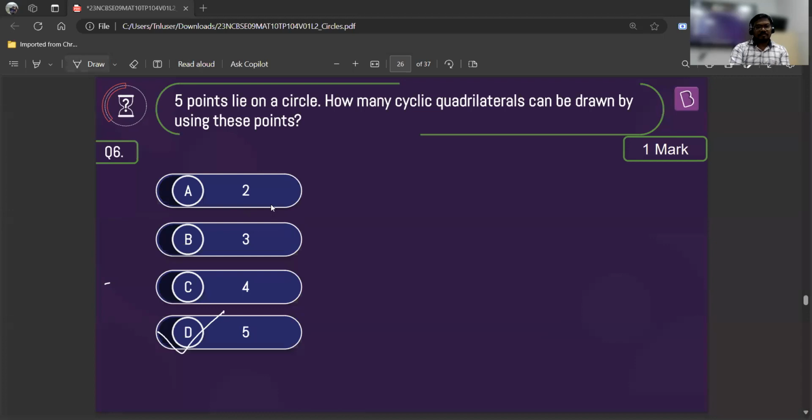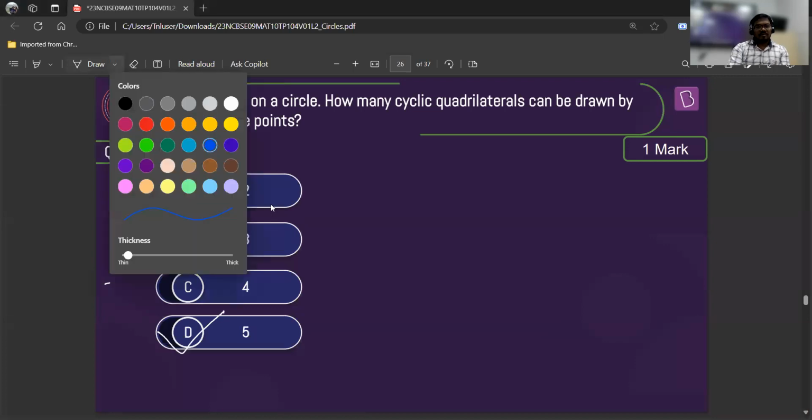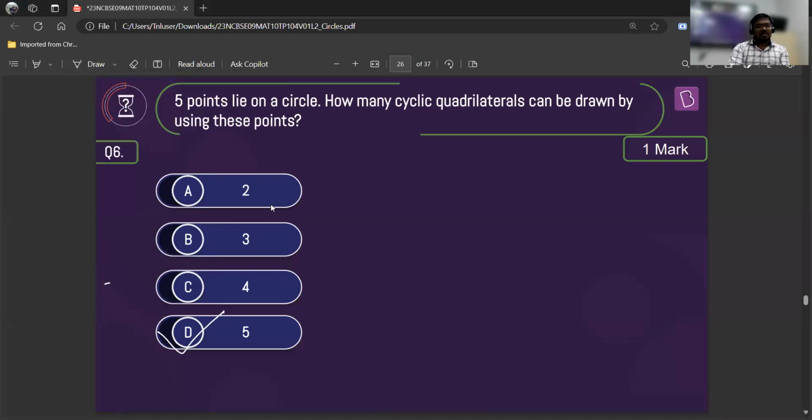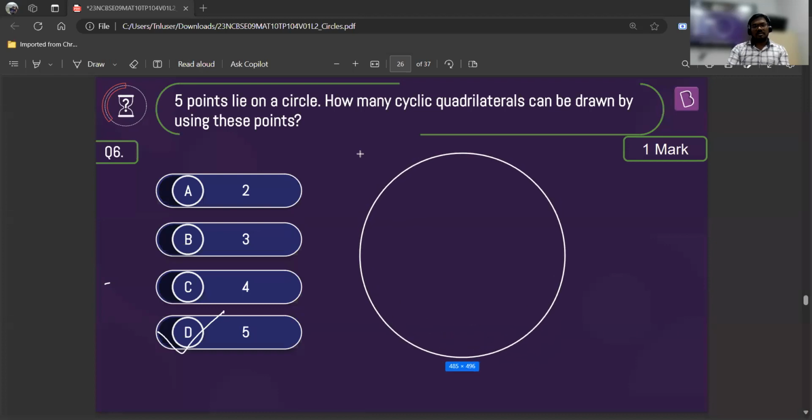Suppose we have a circle firstly, right? And let's draw 5 points, anywhere: A, B, C, D, and E. Okay, we have 5 points.